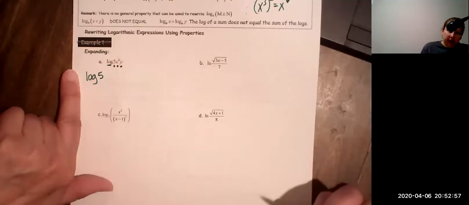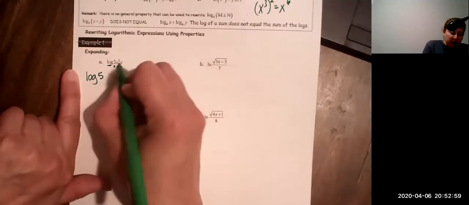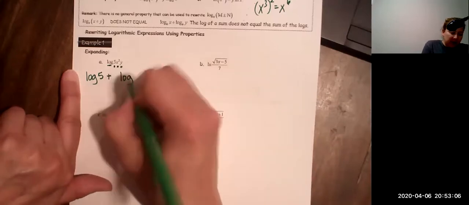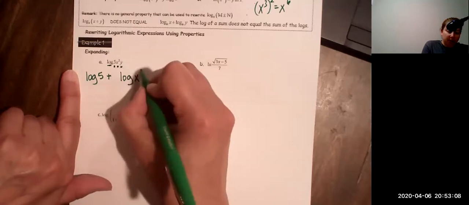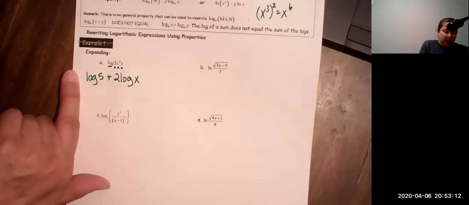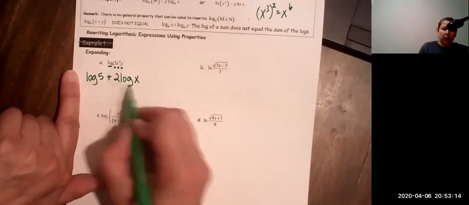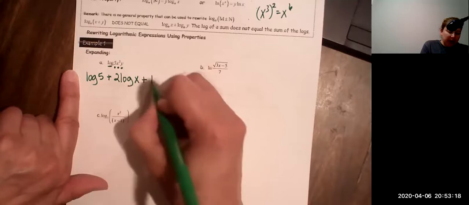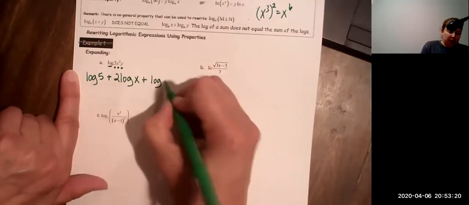So log of 5 is the first one. Because this is multiplying, you add. For the next one, leave a little spot, because that's log of x squared, but the property for squared says jump to the front. So exponents jump to the front of the word log. And we're still multiplying, so we add another log of the last one.